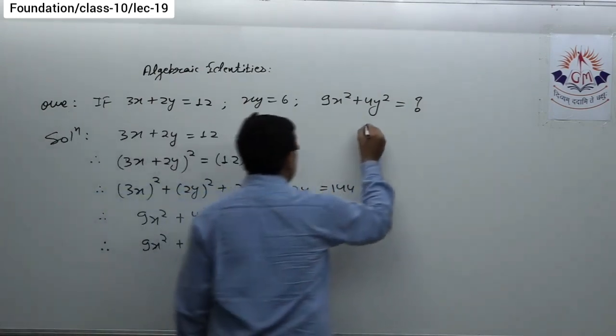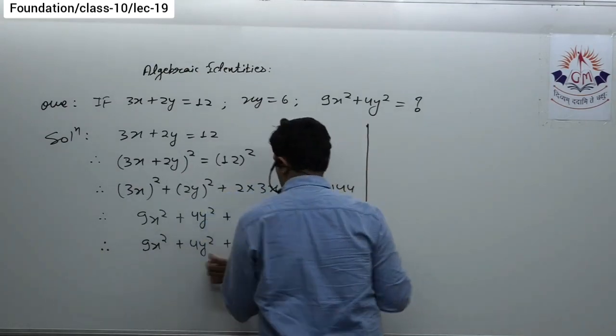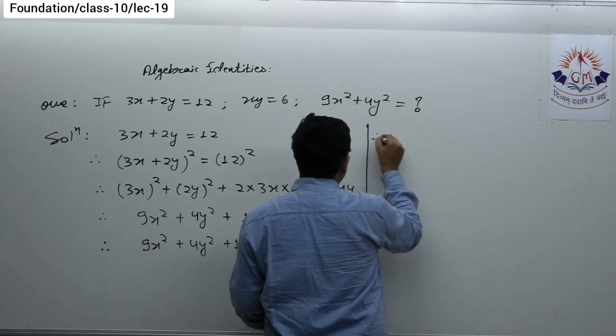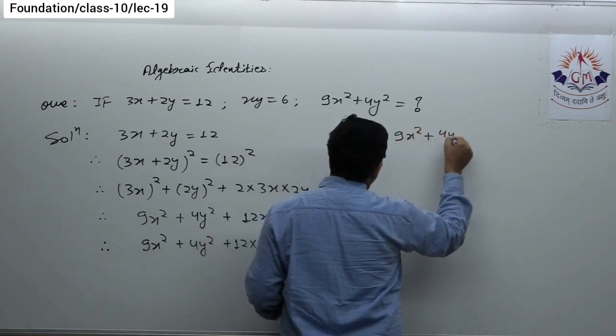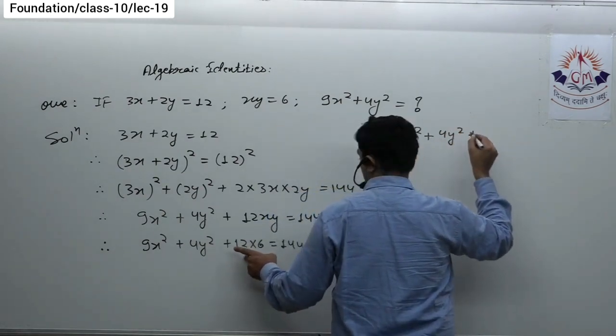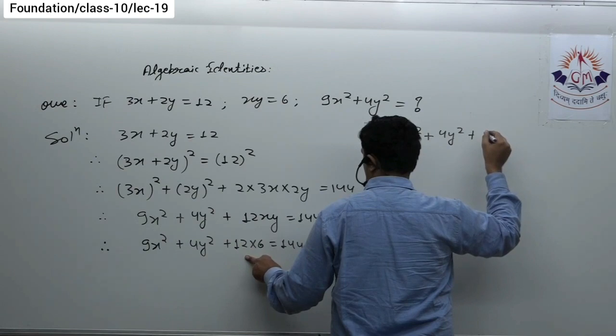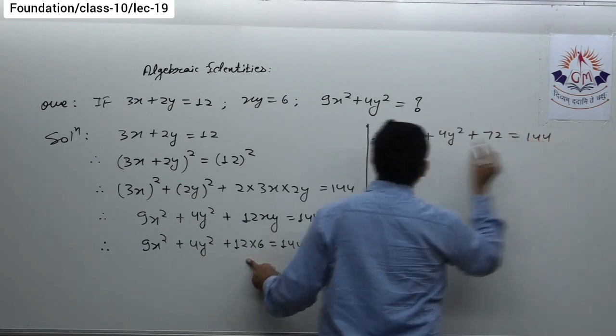Okay, so it is almost done. Simply I have to multiply and take this over there. So this gives you 9x square plus 4y square plus 72 is equal to 144.